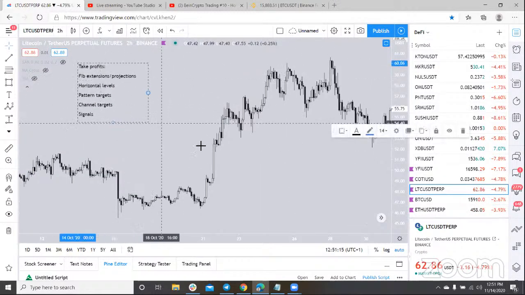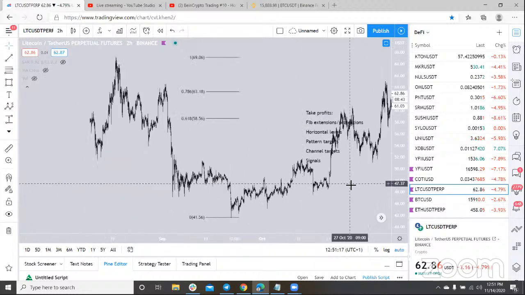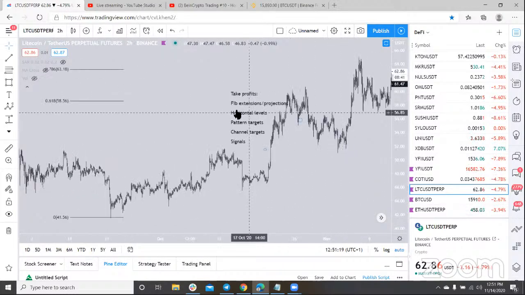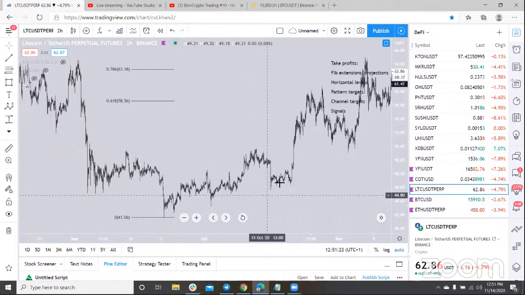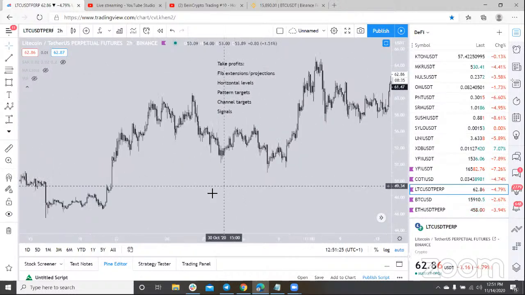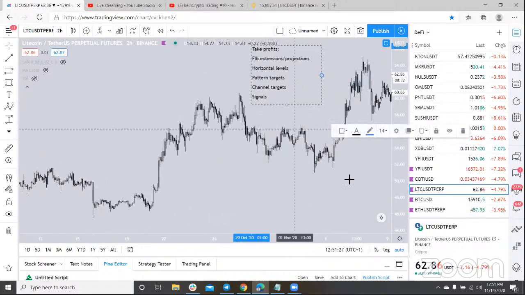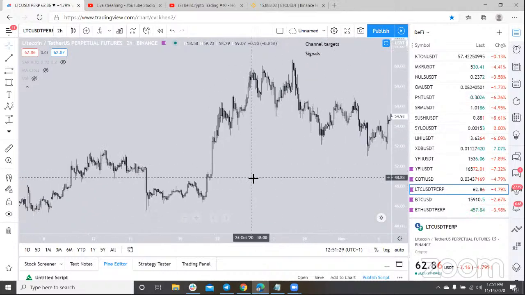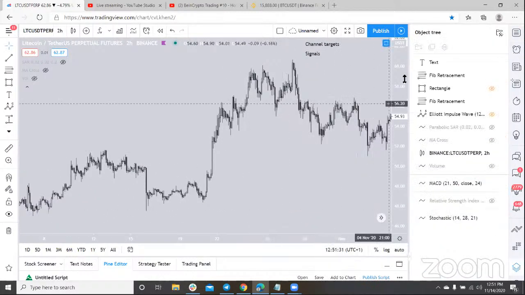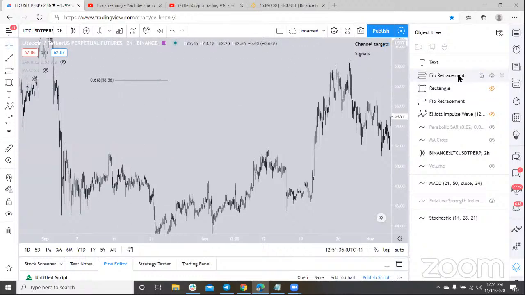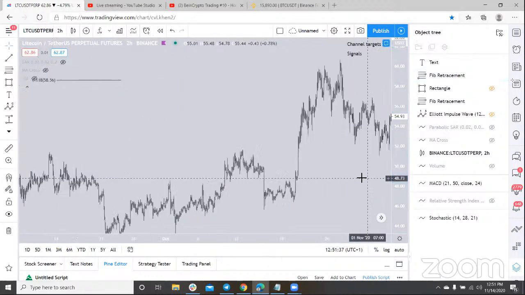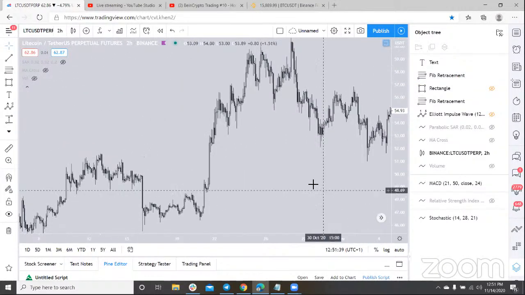Now let's talk fib extensions. Now the thing about fib extensions and projections. So again, we're assuming that we entered here, right? Now this has a lot to do with Elliott wave theory.